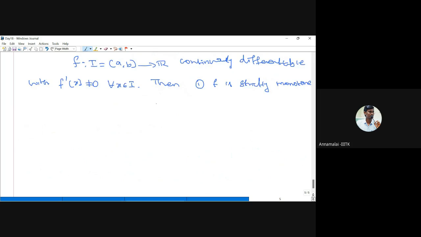The second thing is that the image of the interval I, f of I, is some interval J. And the third one is the inverse. We can define the inverse g, which is nothing but f inverse, and it is continuous and, in particular, a differentiable function.